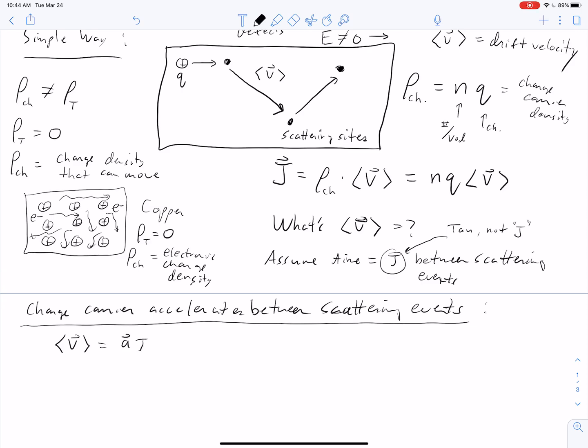A times t, that's velocity. You learned that a long time ago. Well, what's the acceleration? Well, we just use F equals ma.